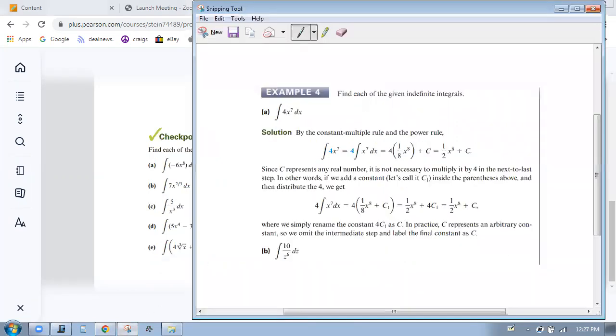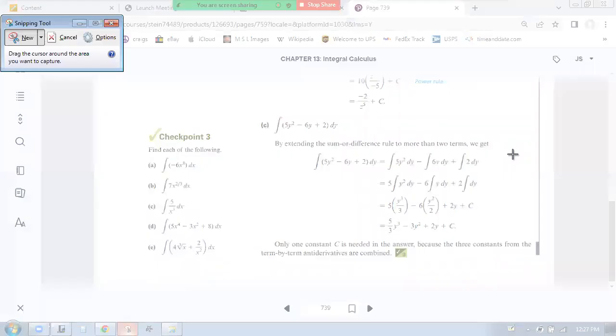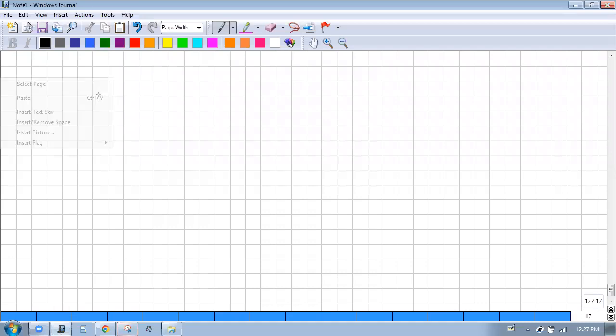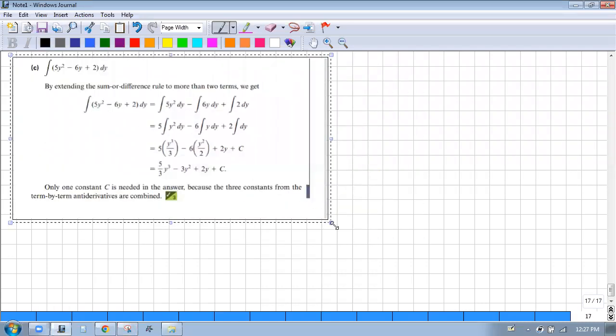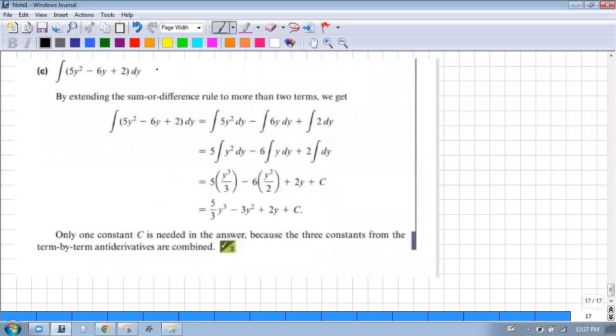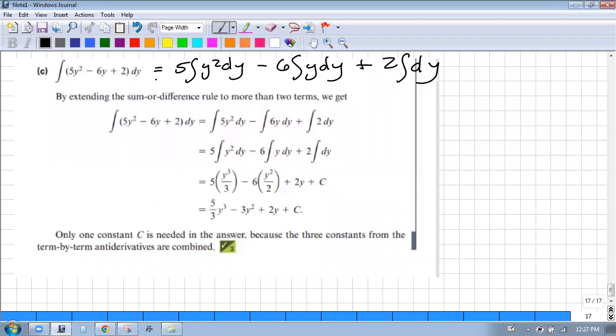All right, so this guy we would say, well, I could pull the 5 out. And the second one, I could pull the 6 out. And then the last one, I could pull the 2 out. Notice there's parentheses here. dy is being multiplied by everything there.